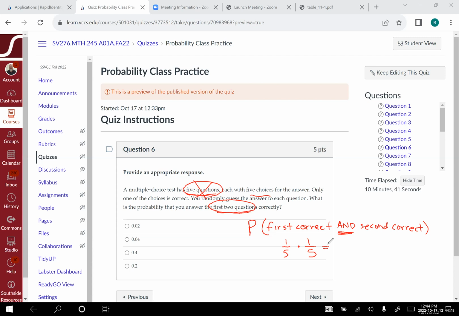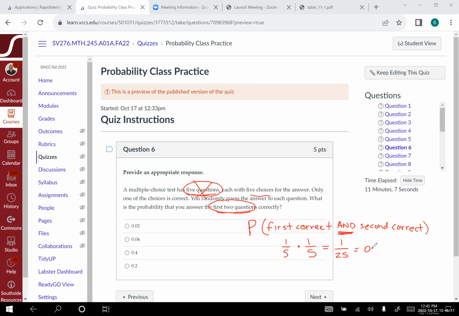So if you're going to take this 2-question test, and you say, I'm just going to guess on both of them and I bet I get 100, what is the probability that that actually happens? 1 over 5 times 1 over 5 is 1 over 25. What does that turn out to be? 0.04.